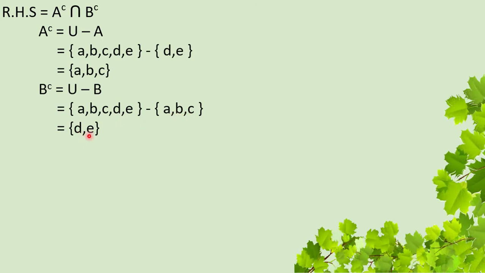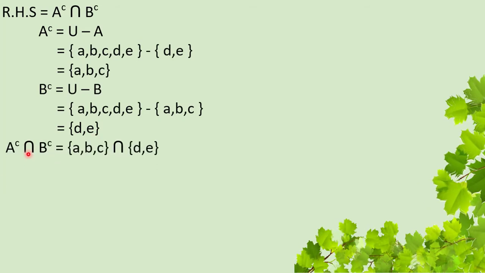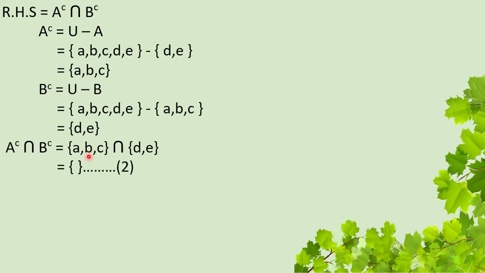Now we have to take intersection of these two. So A complement intersection B complement is given over here as. In intersection, as you already know that we have to write elements that are present in both sets, or the elements that belong to both sets.